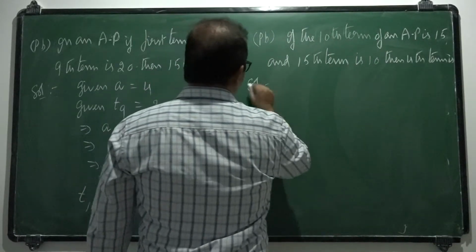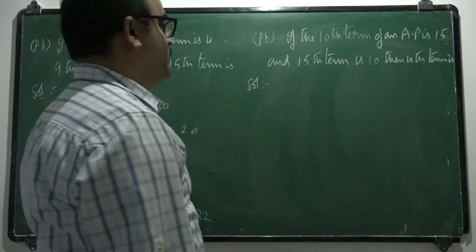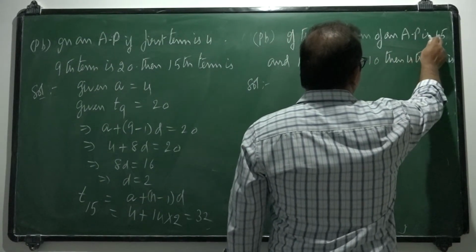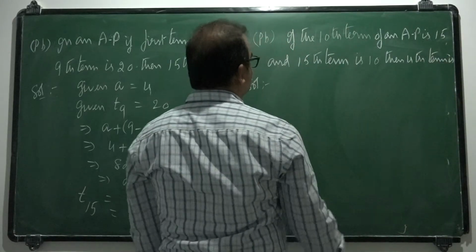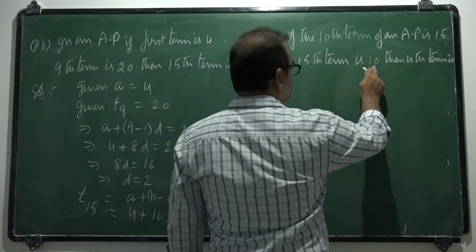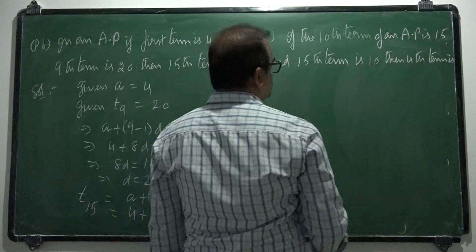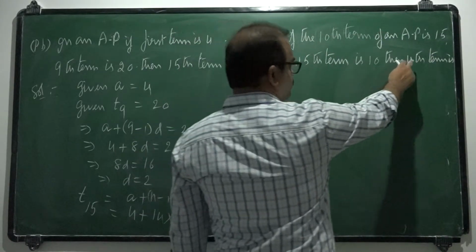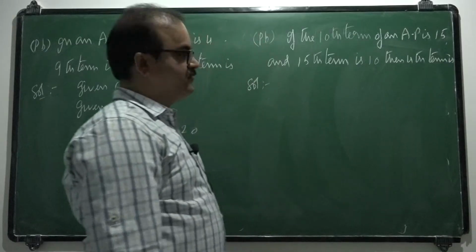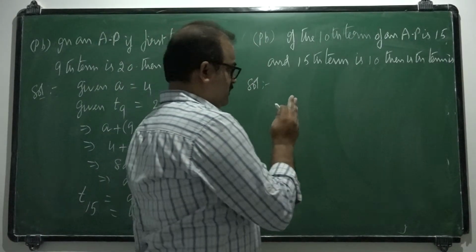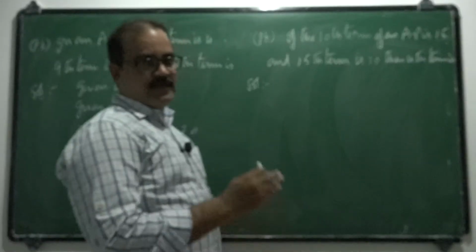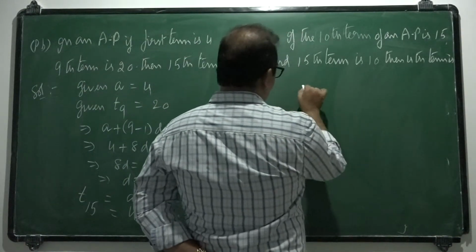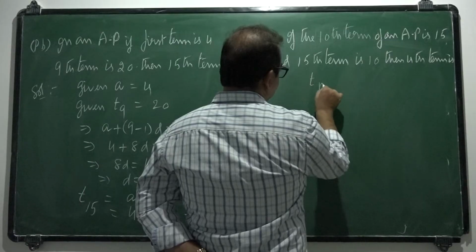In the problem, what is given here? The 10th term of an AP is 15, and the 15th term is 10. Then find the fourth term. To find the fourth term, first of all we find the first term A and common difference D. What is the formula to find the nth term?